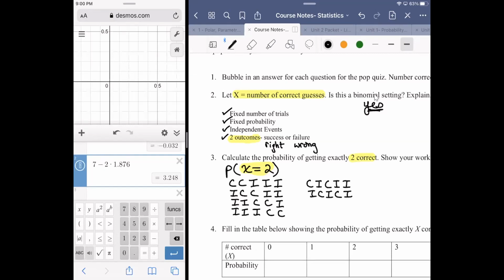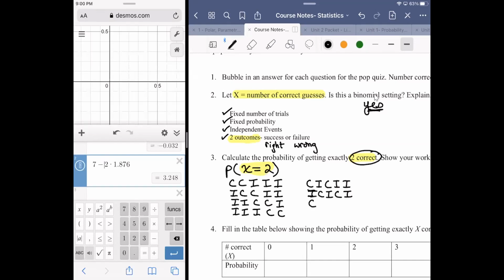That's a possibility. So it has to be 2 correct? Yeah. Well, not 2 correct to make it binomial. 2 correct because that's what the question's asking. Oh, okay, yeah. All right, we still have a few more possibilities here.